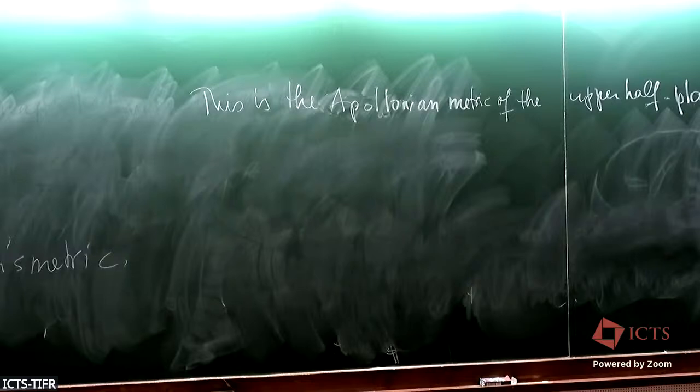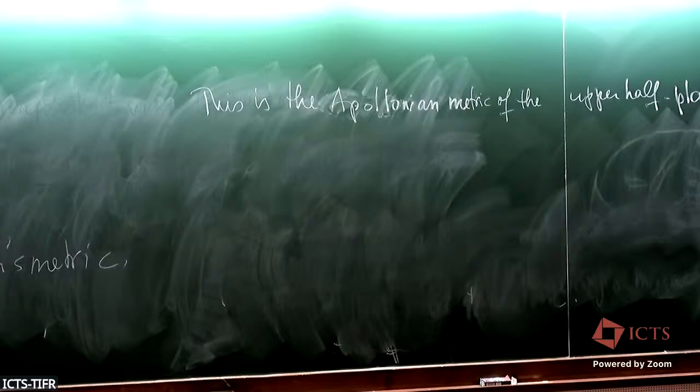Families of circles. So the Apollonian metric is defined on the interior of a convex set by some formula.